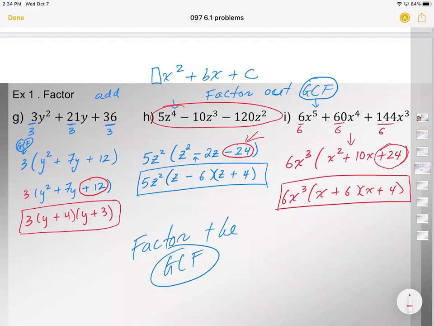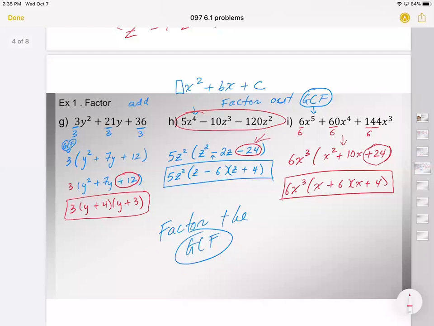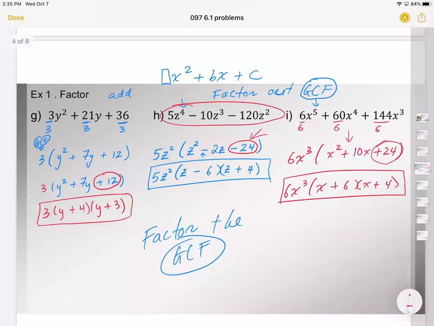So looking at G, H, or I, first we need to take out the GCF, make our problem a little bit smaller, and from the smaller problem, we attack it. So if you don't have a question, let's take a look at this item here.